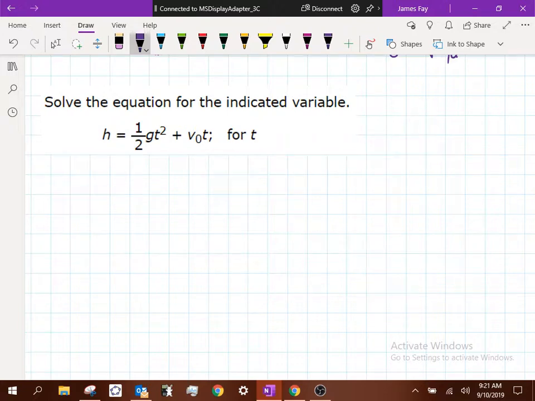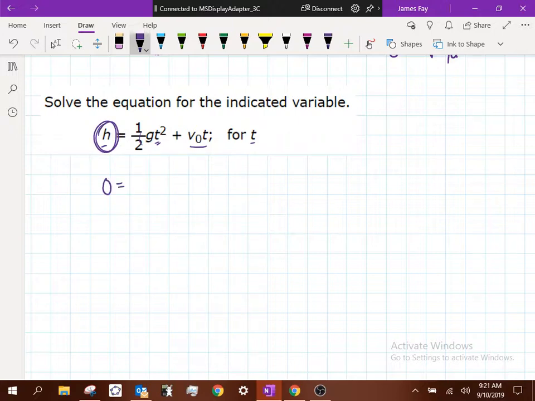Now g, if we're on Earth, is a known constant. Maybe we're on a different planet and it's different, but that's a known value. But t and h are unknown, and we're going to solve for t. So if I have a quadratic equation and I'm trying to solve it for t, then one side needs to be what number? 0.